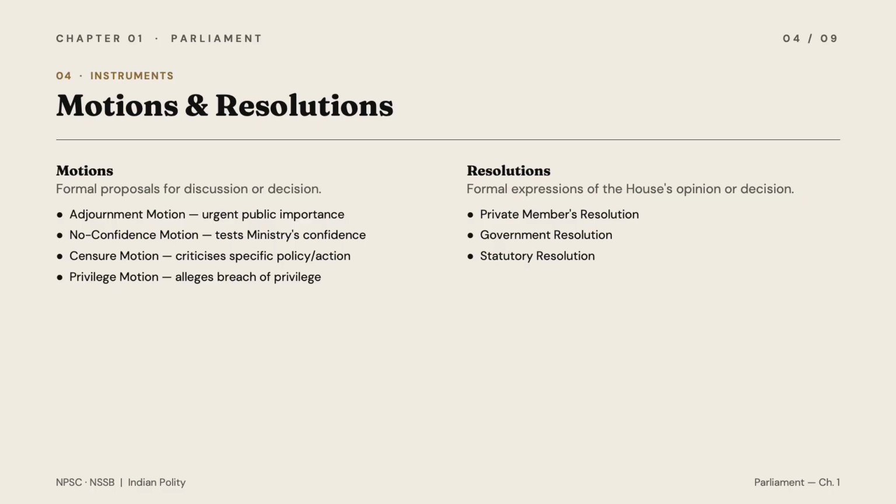Now, when we talk about adjournment motion, for example, if you're a member of parliament inside a parliamentary session, you raise your hand, and if you have a matter of public importance, something very urgent, you can move this adjournment motion, and if the speaker accepts it, he will grant you the stage to speak. Okay, so that's adjournment motion. Only for public importance you can raise your hand for adjournment motion.